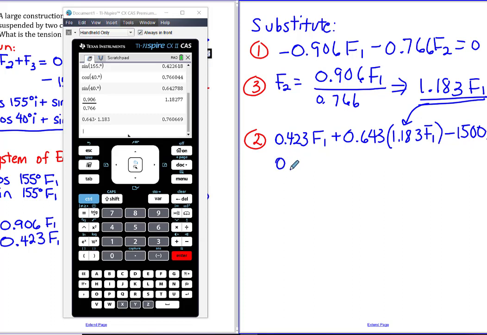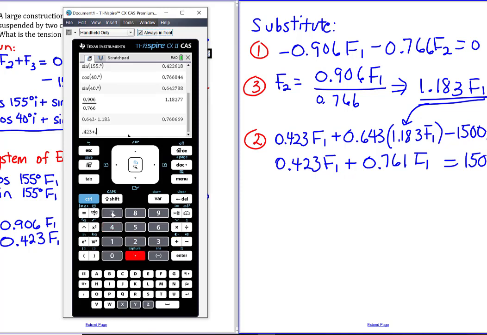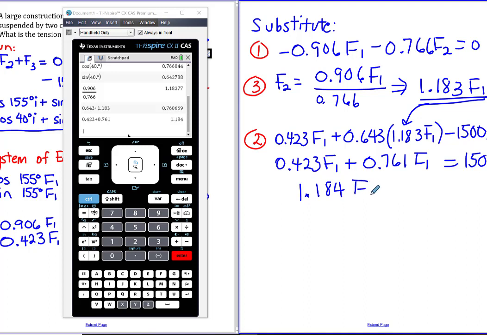So we're adding 0.423 F1 plus 0.761 F1, and we're putting the 1500 over there. So 0.423 and 0.761 add up to 1.184 F1. That's 1500. And divide by 1.184.